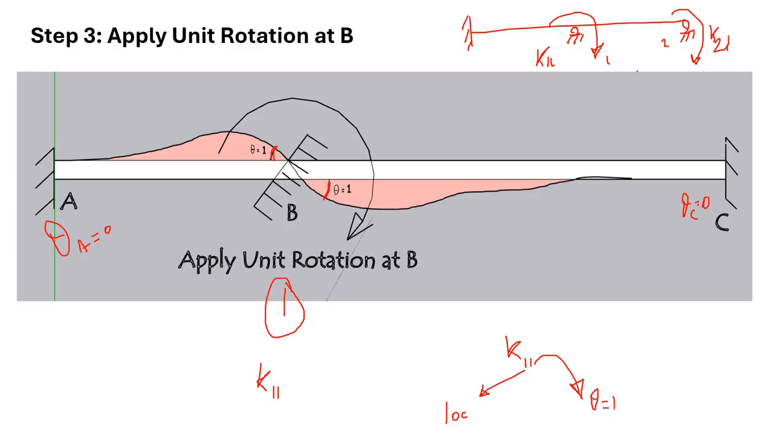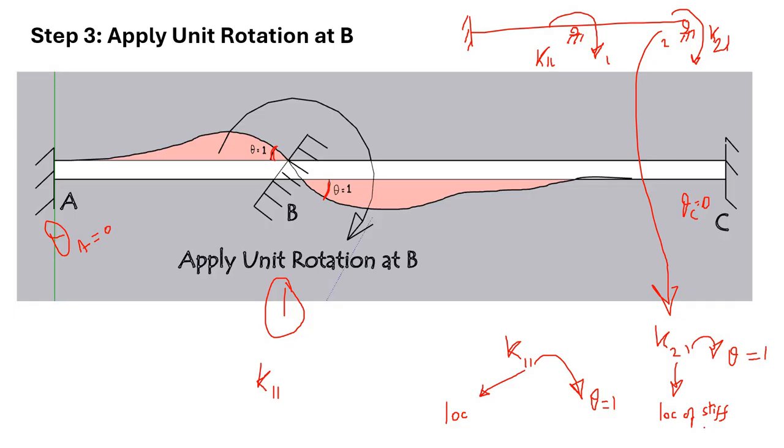For example, K21: 2 is the location where you want to find out the stiffness. And what is 1? 1 is the location where you have applied the rotation theta equal to 1. So this is the real meaning.